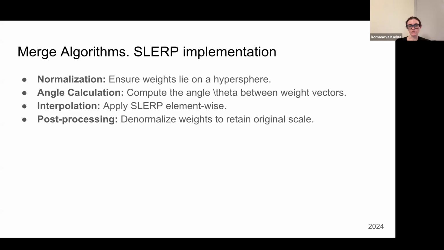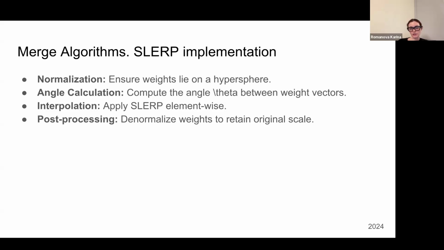This normalization is crucial as SLERP operates on the premise that the vectors are of unit length, facilitating interpolation along the shortest path of the sphere's surface. Once normalized, the angle between the two vectors is computed using the dot product, which provides the cosine of the angle. And this angle determines the arc along which interpolation will occur.